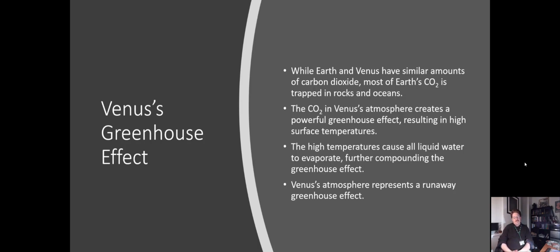Because Venus's atmosphere is primarily carbon dioxide, it has a significant greenhouse effect, warming its surface over 200 degrees Celsius more than it would be if it had no atmosphere whatsoever.